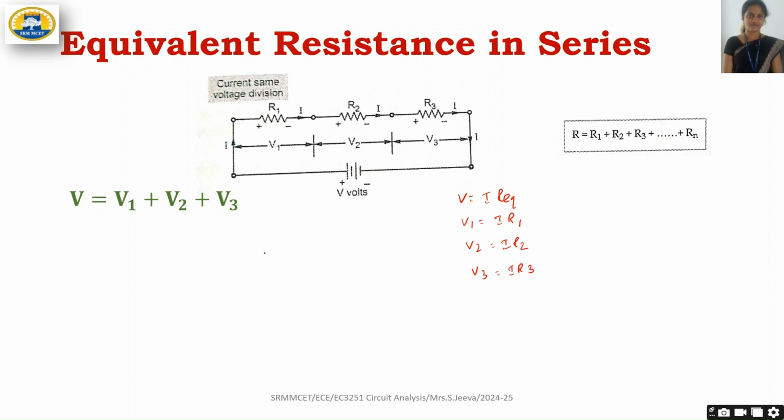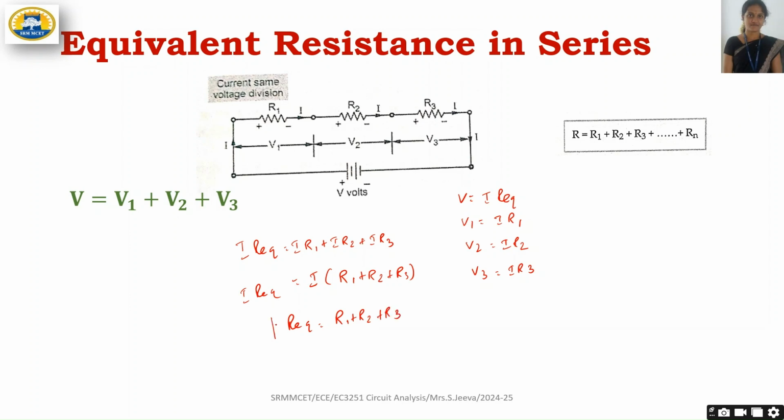Then substitute in this relation. So I into R equivalent is equal to I into R1 plus I into R2 plus I into R3. Here the current is the same, so take it outside: I into R1 plus R2 plus R3. So from this, R equivalent is equal to R1 plus R2 plus R3.